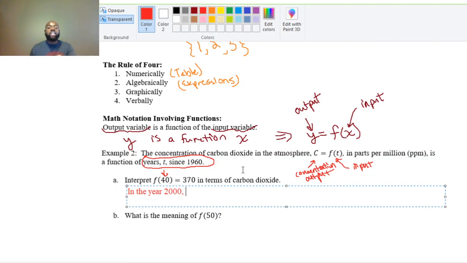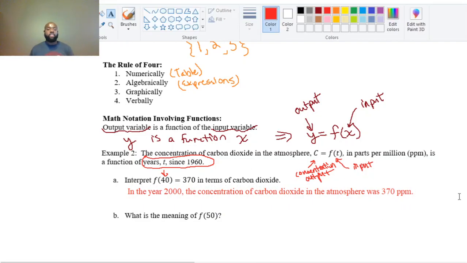And so I'm going to say in the year 2000, the concentration of carbon dioxide in the atmosphere was 370, and I'm going to put parts per million. Now, I really don't know what parts per million is, but that's the units given to me in my problem. There we go. We have an interpretation.